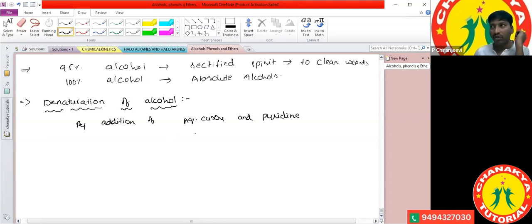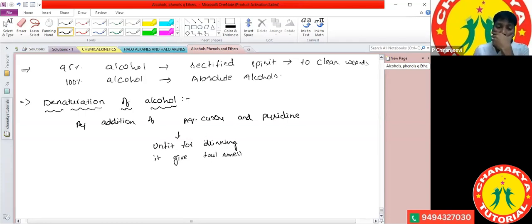If you add the aqueous solution of copper sulfate and pyridine, it is unfit for the drinking process. And it gives some foul smell also. Foul smell means a bad smell.